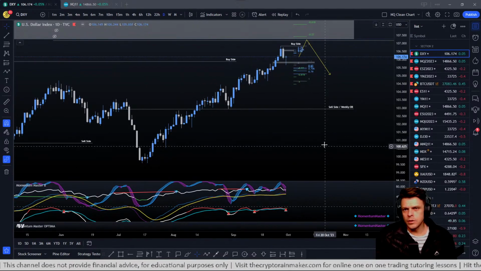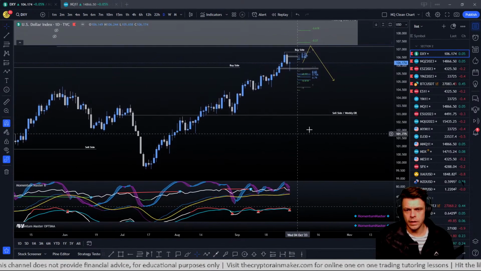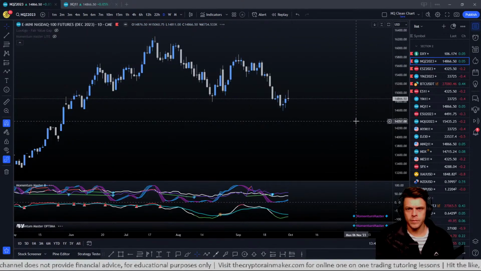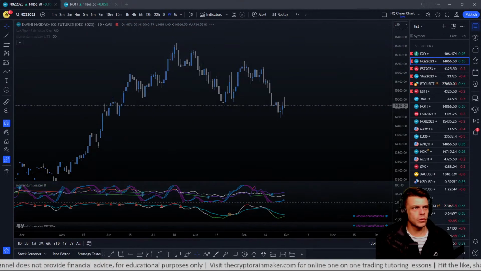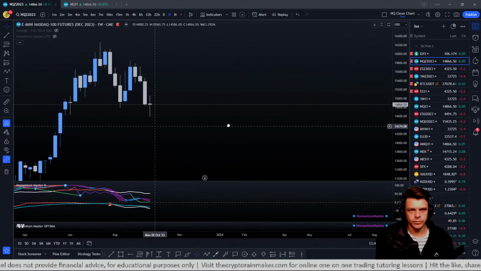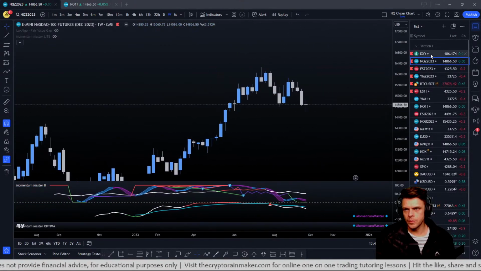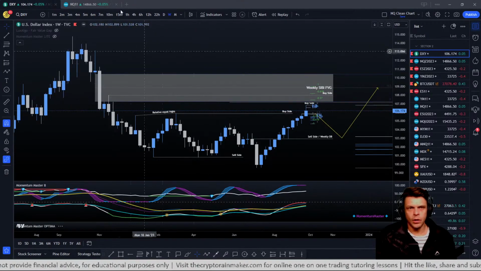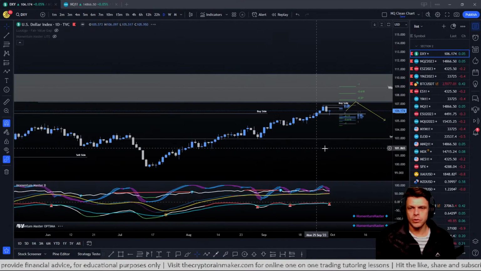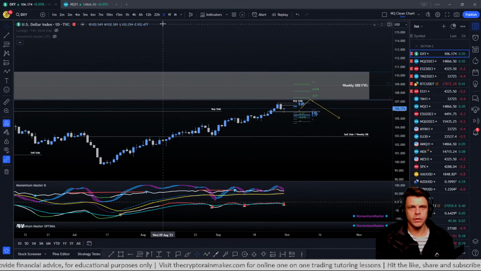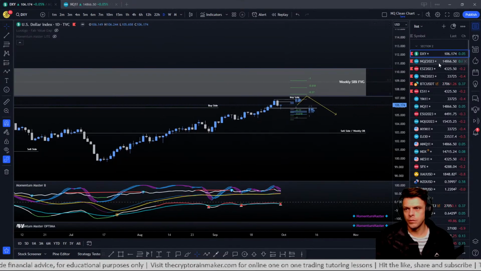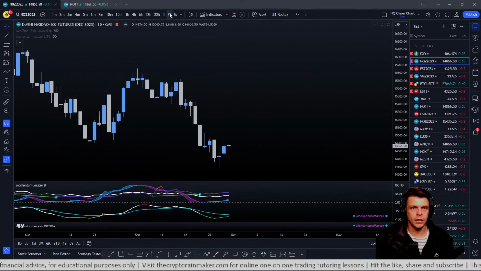All right, let's have a look at the Nasdaq. Start on the weekly. Okay, so for the dollar index, it looks like there's a slight retrace to the downside in order for the other assets to move to the upside a little bit.